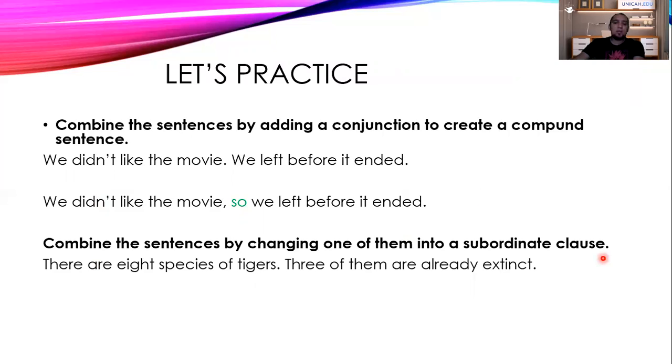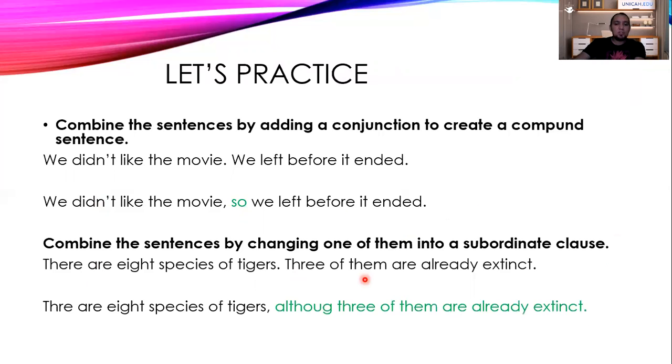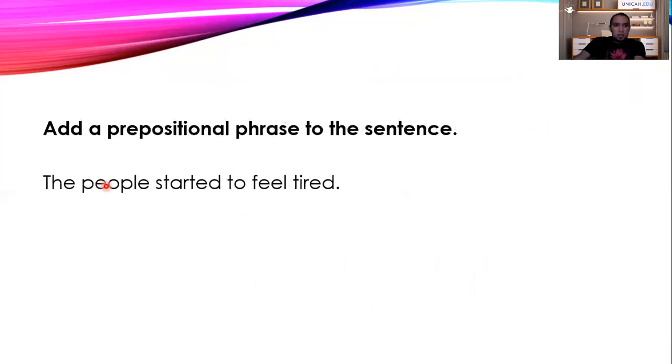For example, there are 8 species of tigers. 3 of them are already extinct. So the second sentence is changed into a subordinate clause. For example, there are 8 species of tigers, although 3 of them are already extinct. Or in this case, to add a prepositional phrase to the sentence, the people started to feel tired.